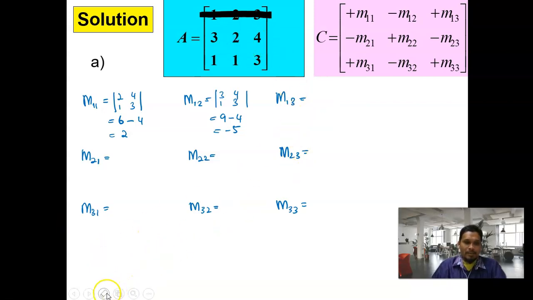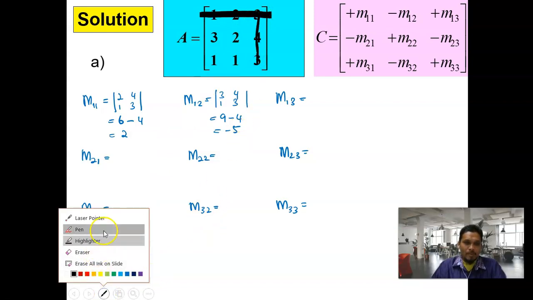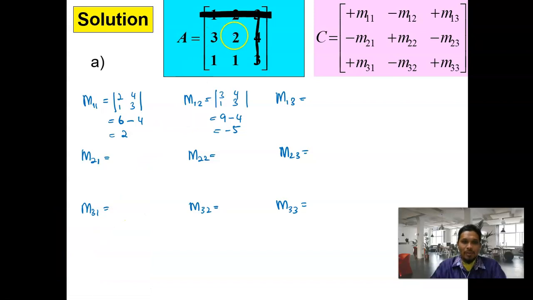Then hide the elements in row 1 and column 3. So what's left here now? We got 3, 2, 1, 1. 3 times 1 equals 3, minus 2 times 1 equals 2. So 3 minus 2 equals 1.